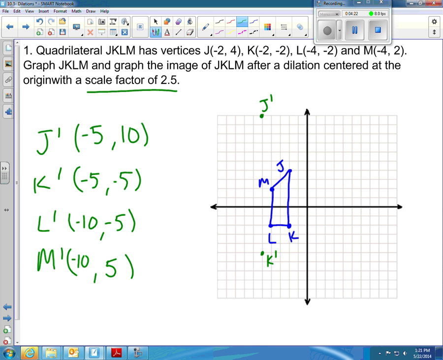There we go, K prime. Our L prime is -10, up 5. So there's our M, and our L is down 5. And now we have just enlarged our figure by a scale factor of 2.5.